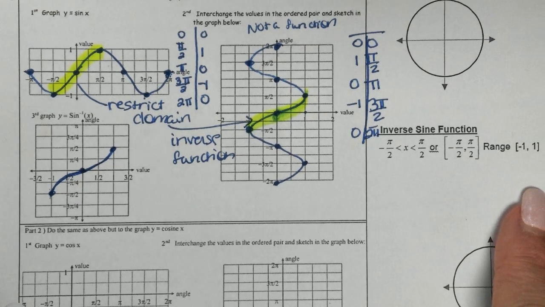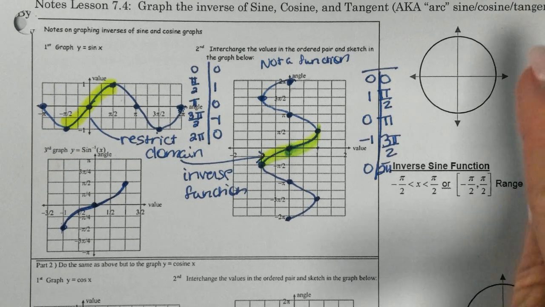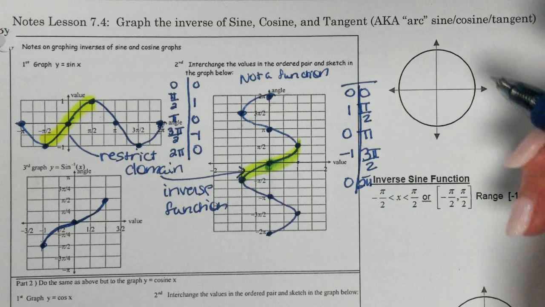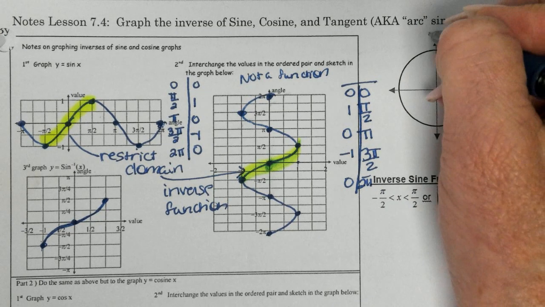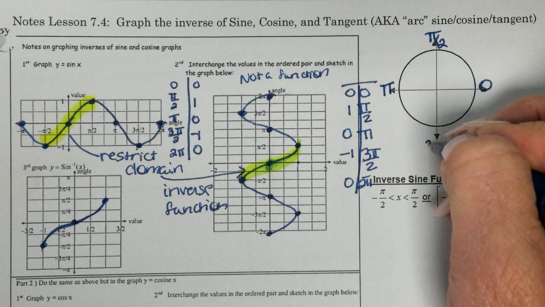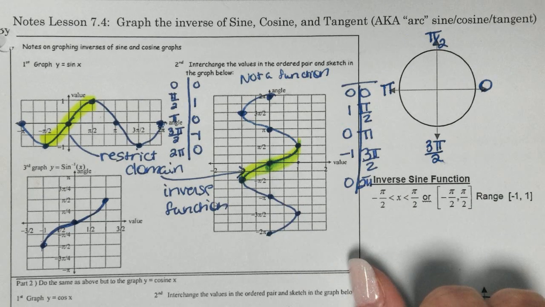So how that works with our unit circle. Okay, here's our unit circle. We've got our x and our y axis. We start at 0. We go to π/2, around to pi, 3π/2, and then back on around to 2π.